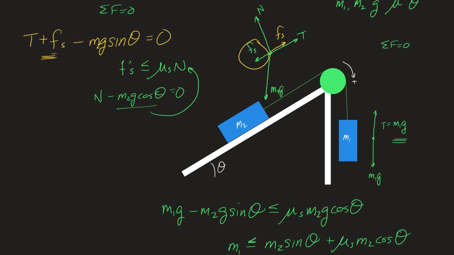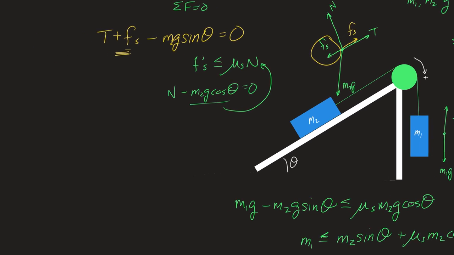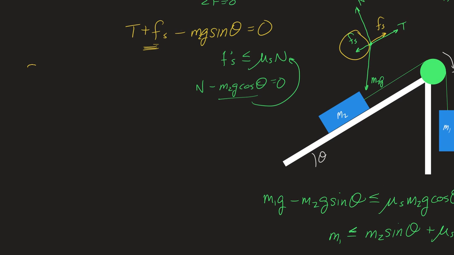I just have to solve this for friction and plug it in again. Everything else is going to stay the same. So static friction equals m2g sine theta minus tension. That's going to be m2g sine theta minus m1g. That's my static friction.